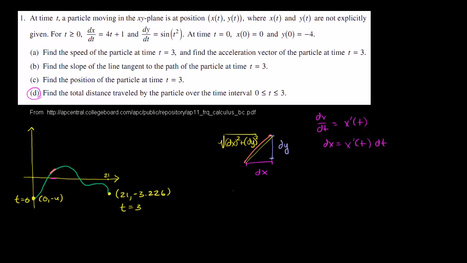And dy/dt is the derivative of y with respect to t, y prime of t. Multiplying both sides by dt, you get dy is equal to y prime of t dt. All I'm doing here is re-deriving the arc length formula. So this right over here is just a small little arc length.